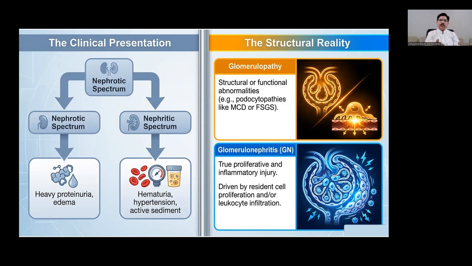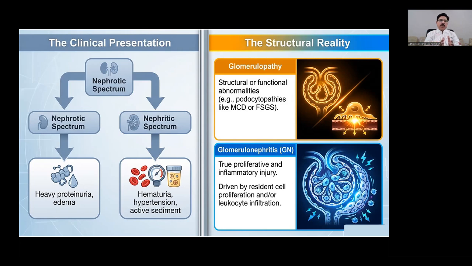Whereas in glomerulonephritis, true proliferative and inflammatory injury is there, driven by resident cell proliferation and/or leukocyte infiltration. So you have to clearly look in your mind: am I looking at a glomerulopathy? Am I looking at a glomerulonephritis?